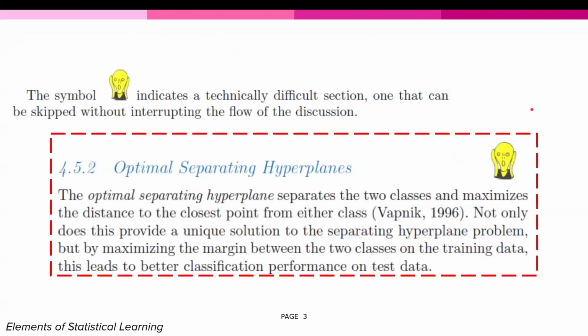What we're going to be going into today apparently warranted a warning from the authors of The Elements of Statistical Learning. They decided on this particular section to include a heads up: you might want to skip this part because it's technically difficult, maybe not necessary for you to understand the rest of the text.